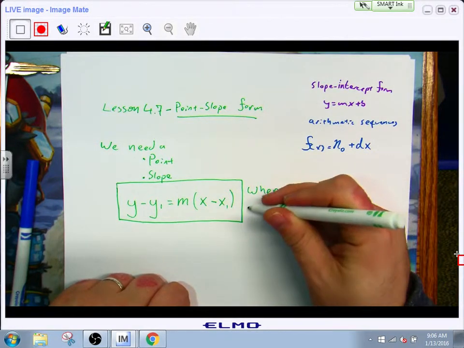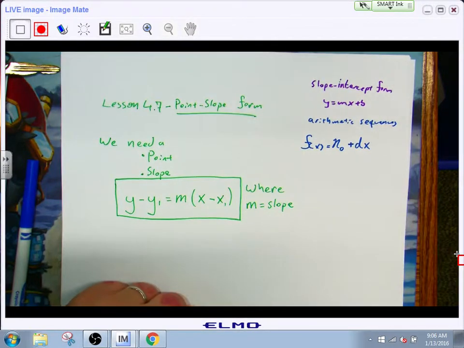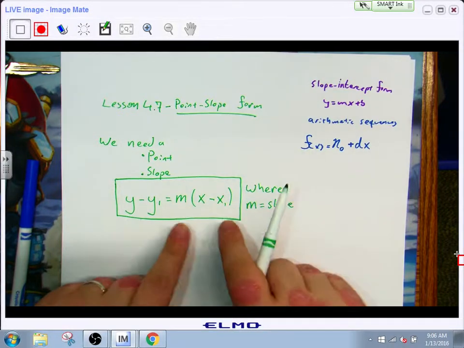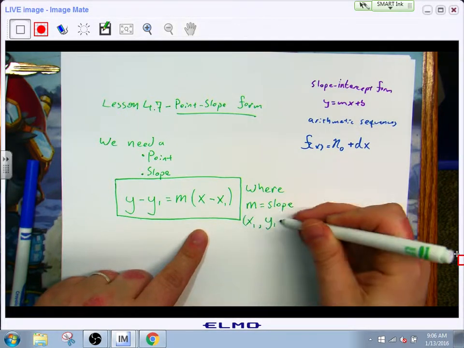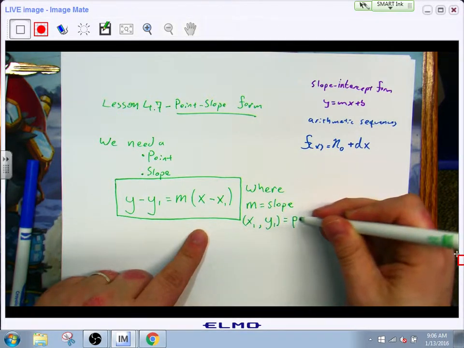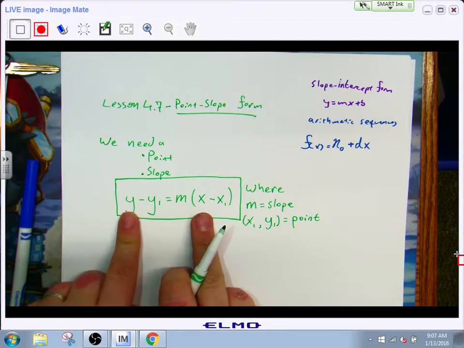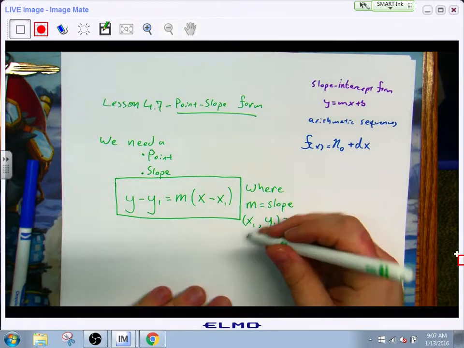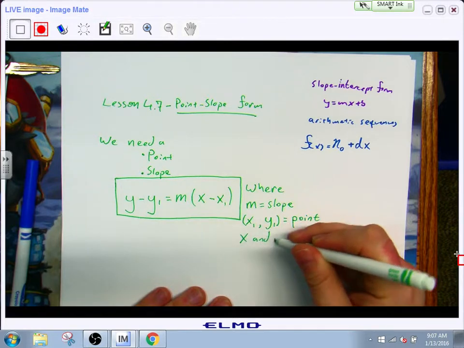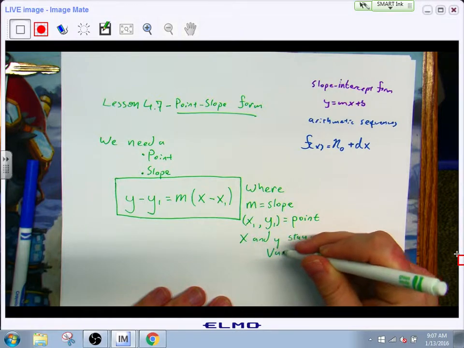Where m equals our slope, of course. m has been our slope in every form that we've looked at. So m is slope, but then x1, y1 is our point. And then x and y stay as variables.